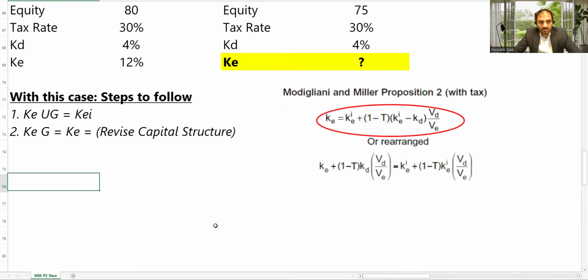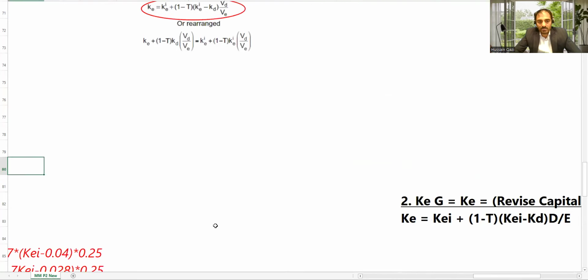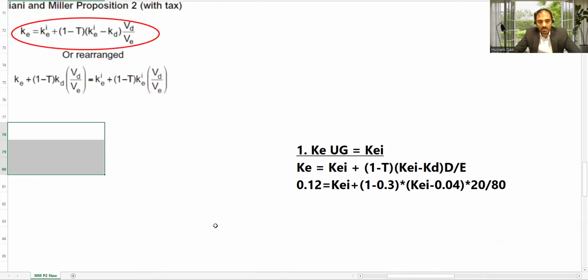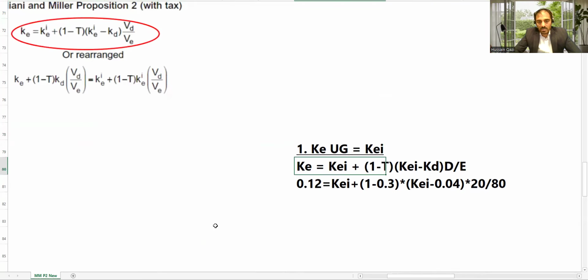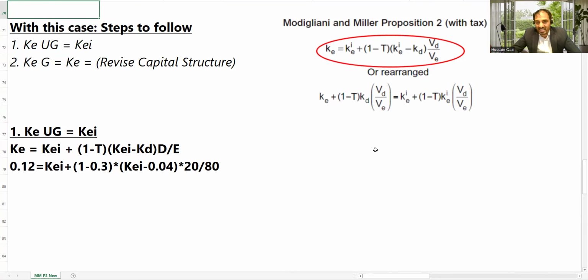One by one. The first important thing: KE ungeared, that is KEI. With this formula, K ungeared means the variable called KEI.